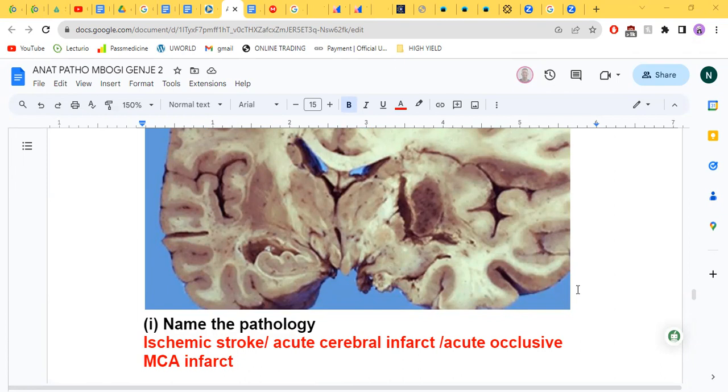The reason why they said it's a middle cerebral arterial infarct is that this area of the gray matter is probably the caudate, the putamen, and that area is usually supplied by the lenticulostriate branches of the middle cerebral artery.